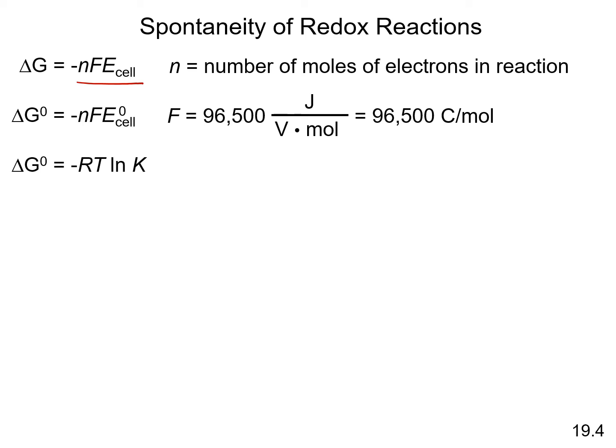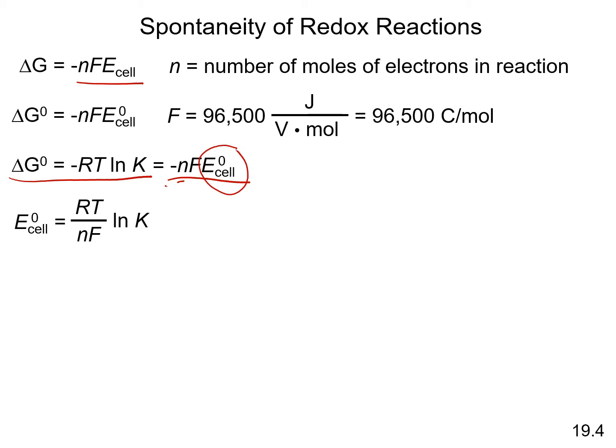We represent the equilibrium constant as K. The Gibbs free energy is related to the equilibrium constant K in this equation: delta G is equal to negative RT ln K. When we equate this with the previous expression and rearrange it, we can get the E cell, which is the formula: E cell is equal to RT over NF times ln K.